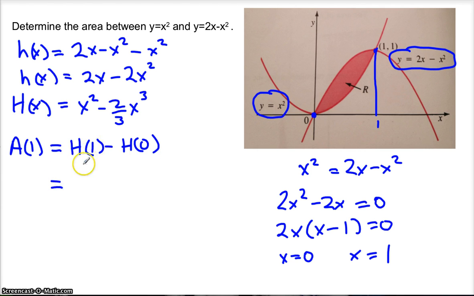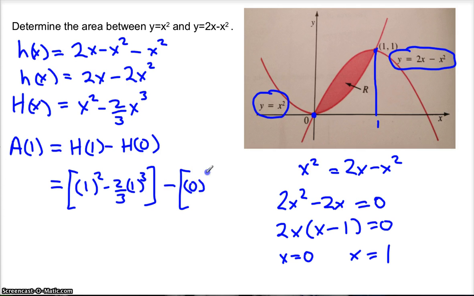Let's figure H at 1. We'll substitute 1 squared minus 2/3 times 1 cubed. And we want to subtract H at 0. We'll substitute 0 squared minus 2/3 times 0 cubed.